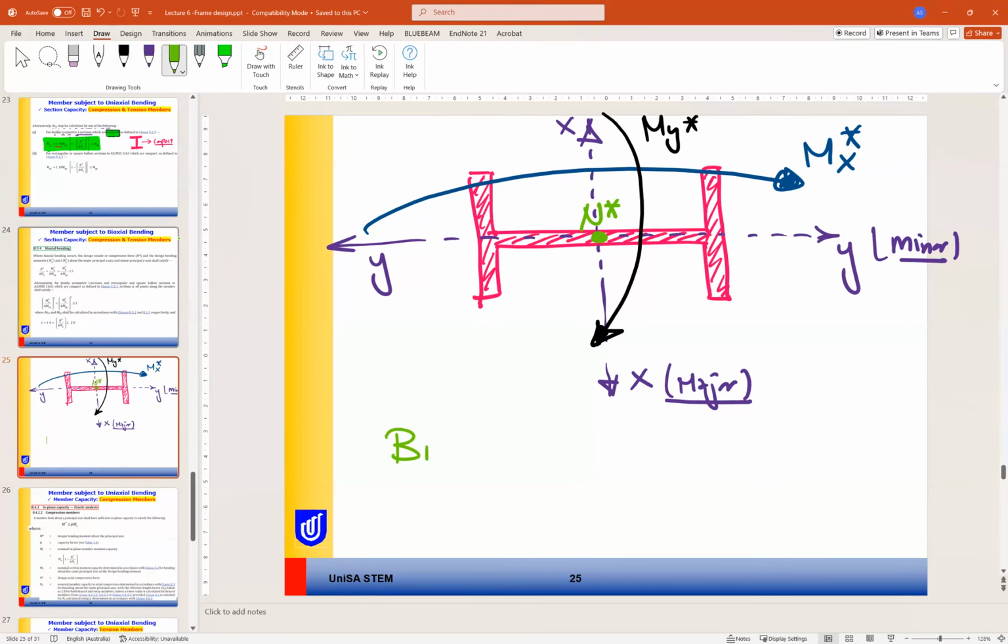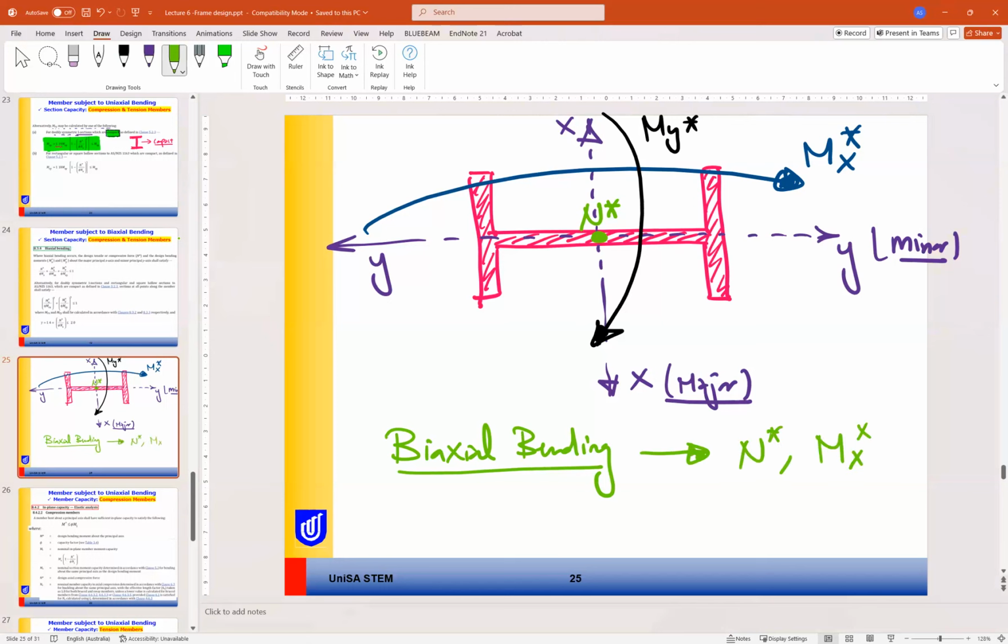So biaxial bending moment: N asterisk, Mx, and My asterisk.